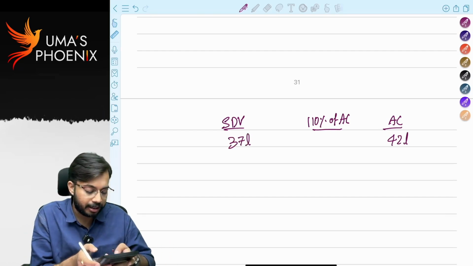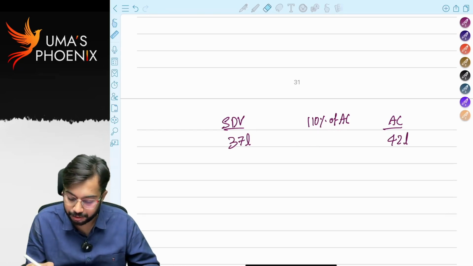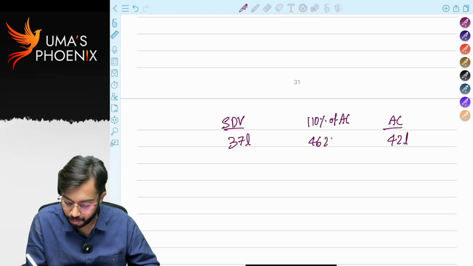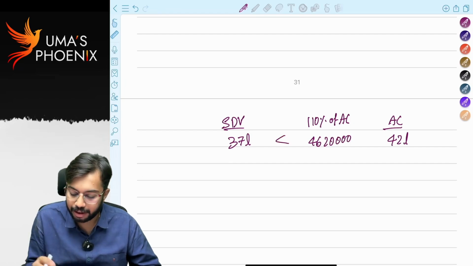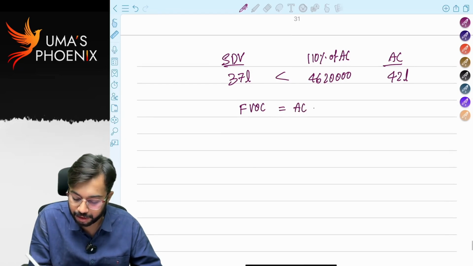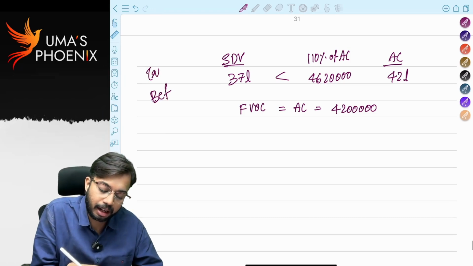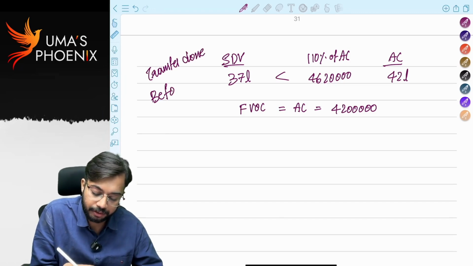So 42 lakhs into 110%, how much? 46 lakh 20,000. Stamp duty value is less than 110% of actual consideration. So full value of consideration is equal to actual consideration, which is equal to 42 lakhs. See, this transaction transfer was done before 23rd July 2024, right?